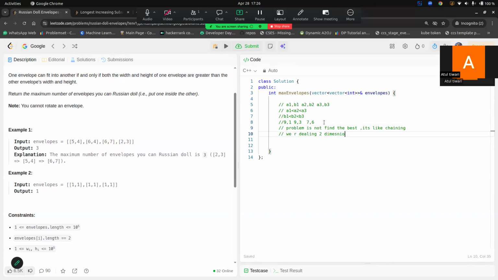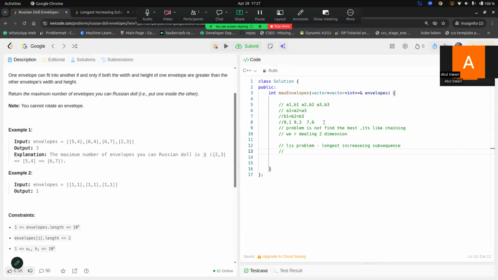Somehow the brain should click here: it is something related to the LIS problem, the longest increasing subsequence. If you can think in this direction, the interviewer will see that you can identify patterns.